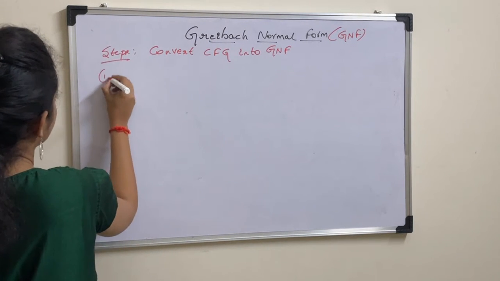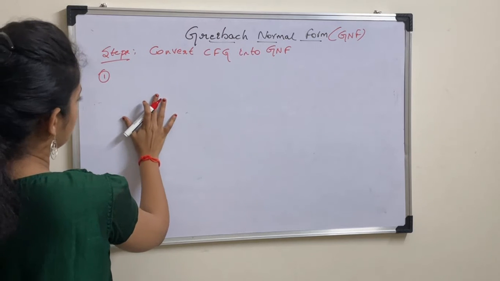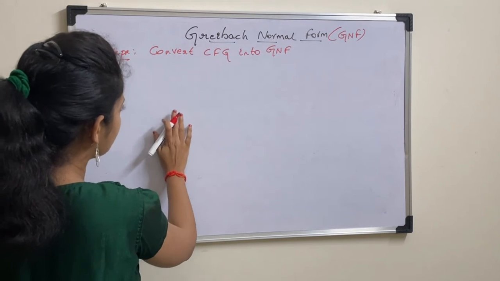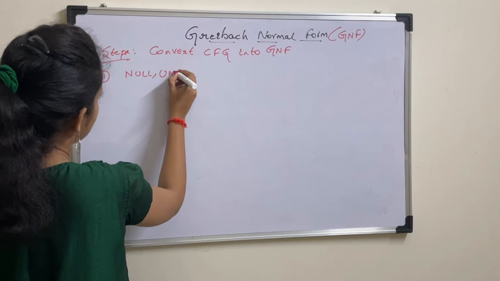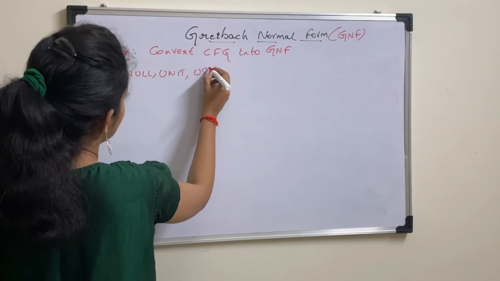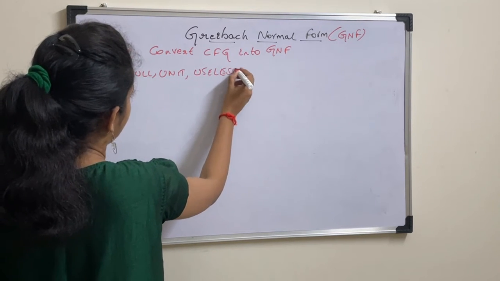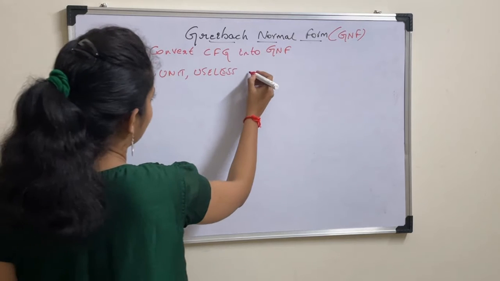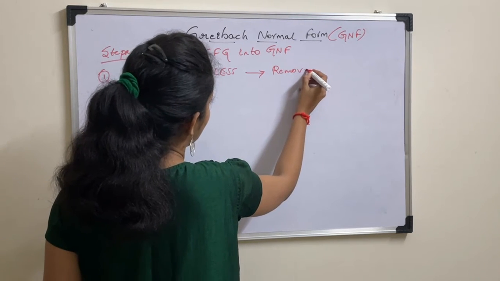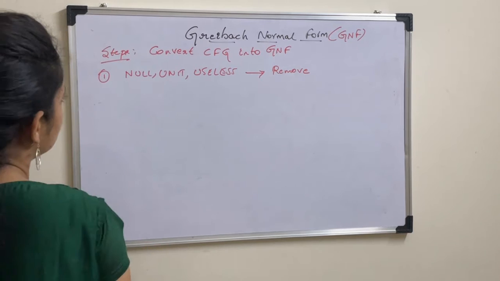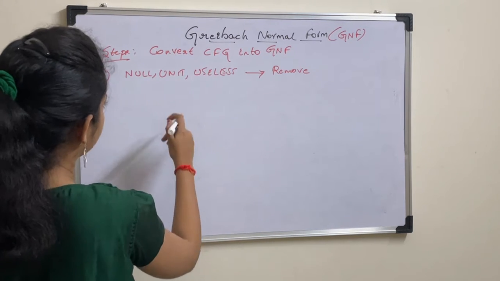Step 1: when the grammar is given, you must check if the grammar contains any null productions, unit productions, or useless symbols. If it contains any of them, then you need to remove those productions from the given grammar. That is your step 1.